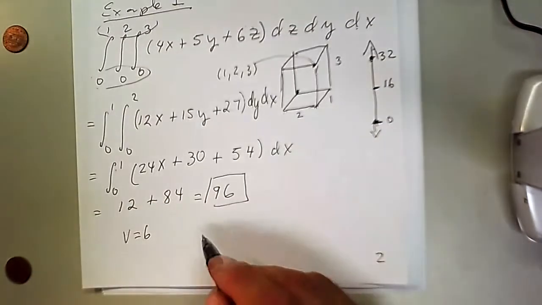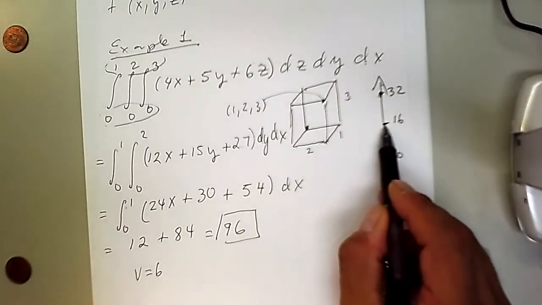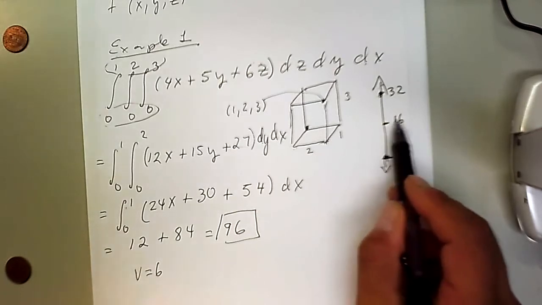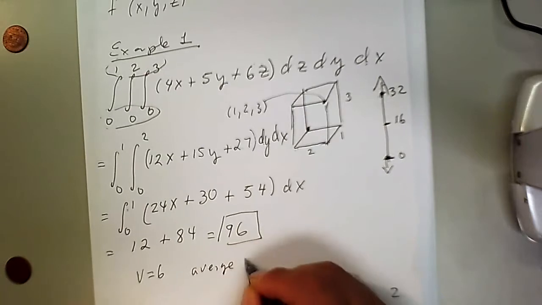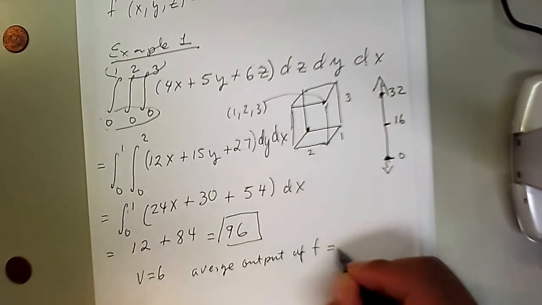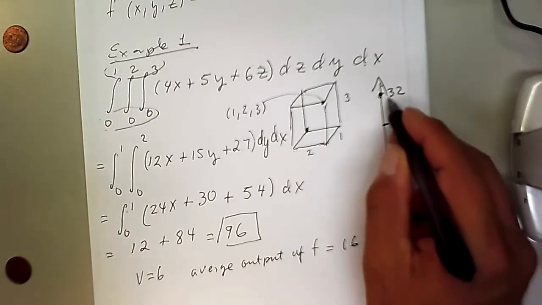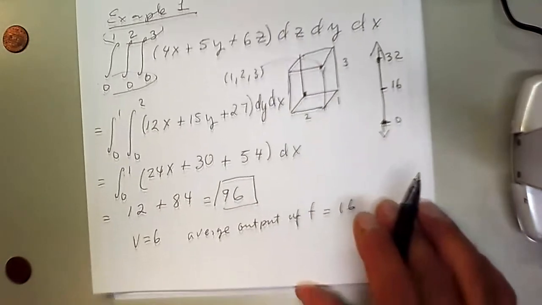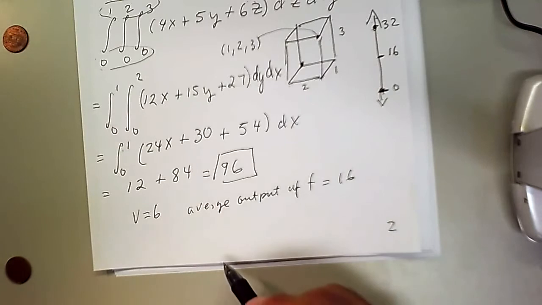So if you multiply the volume times the average output of the function, which in this case would be 16, so average output of f equals 16, right in between 0 and 32, then if we multiply those two together, sure enough, we get 96.